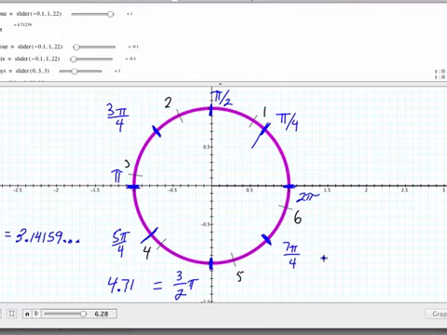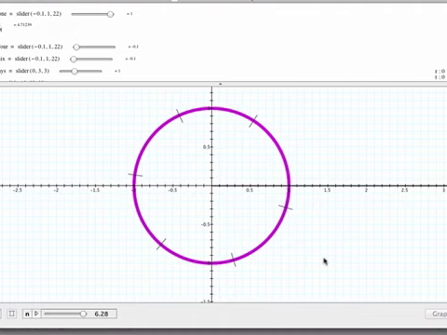So now we can look at the other, so I'll just mark those. Okay, so those are dividing the circle into 1/8 of the circle. Every one of those 1/8 is a pi over 4 angle.